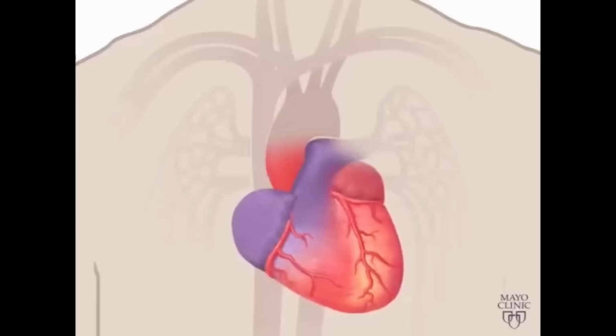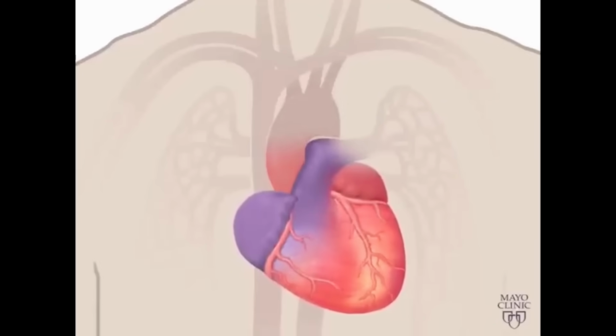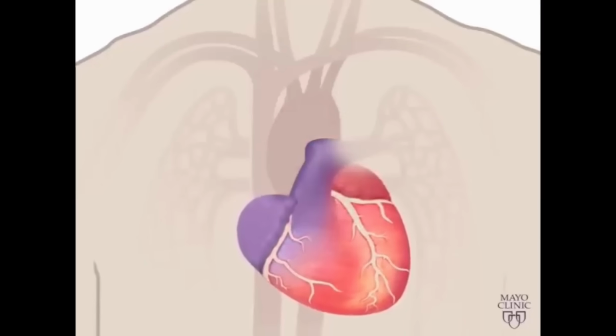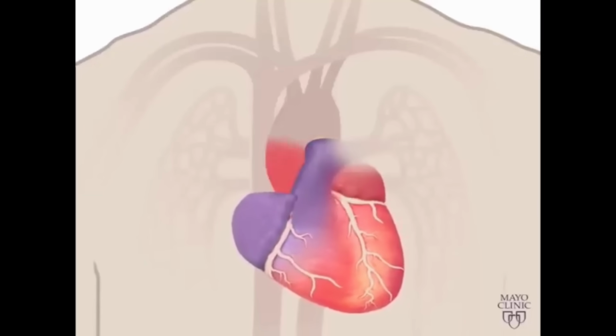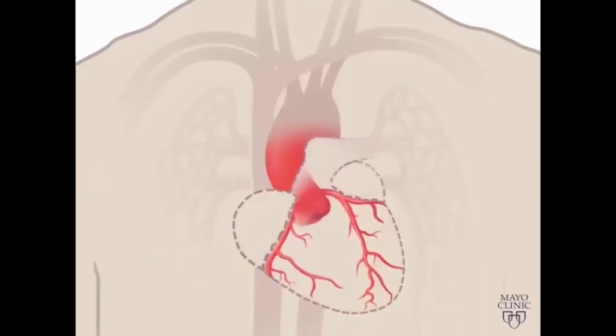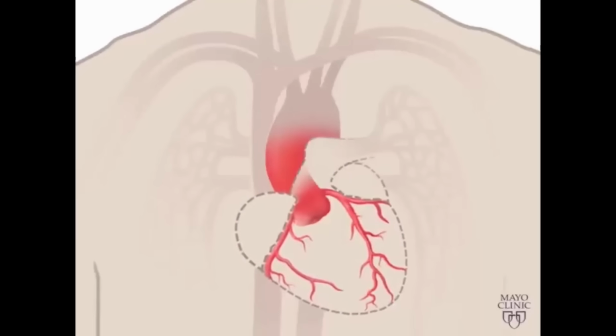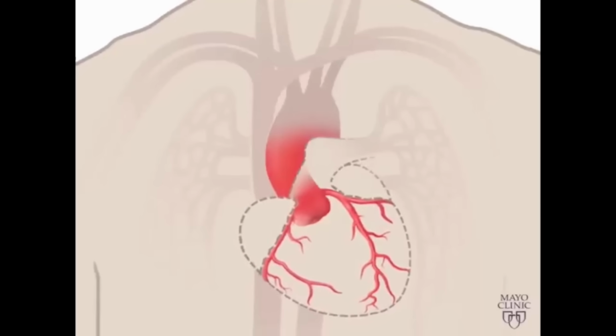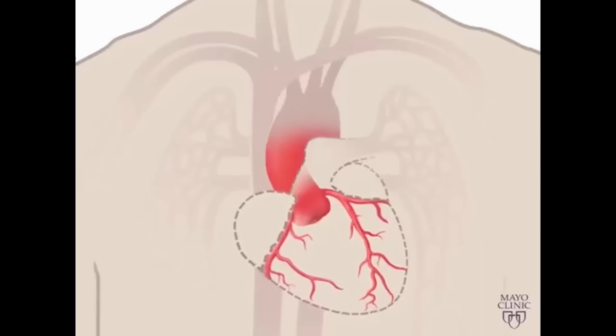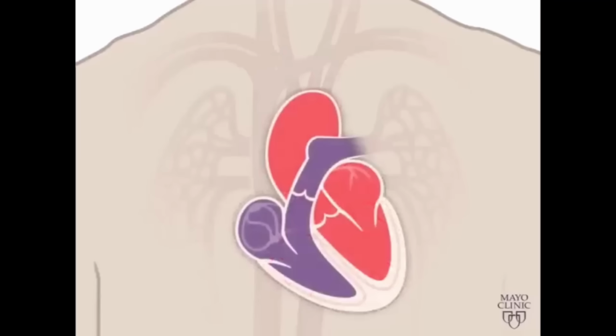Your heart is nourished by blood too. Blood vessels called coronary arteries extend over the surface of your heart and branch into smaller capillaries. Here you can see just the network of blood vessels that feed your heart with oxygen-rich blood. Your heart also has electrical wiring, which keeps it beating.